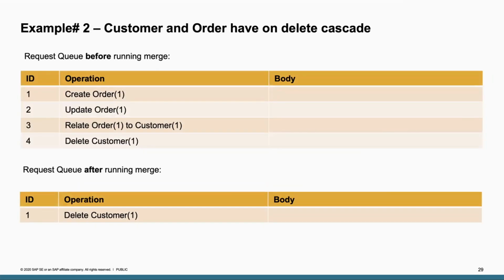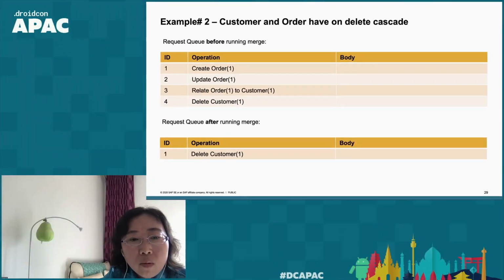Then let's say another example. If we have the following requests, you create an order, and then you update this order, and then you relate this order to the customer, and then finally you find that you should delete this customer. After the merge functionality, our request optimization algorithm runs, and all these requests will be combined into one.